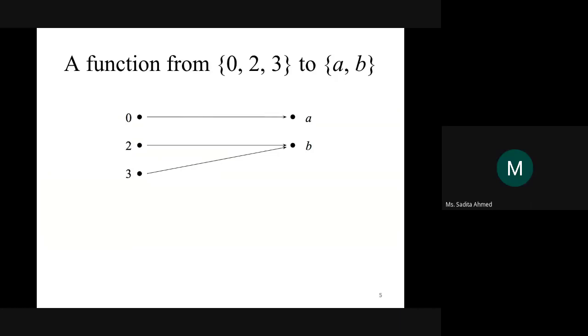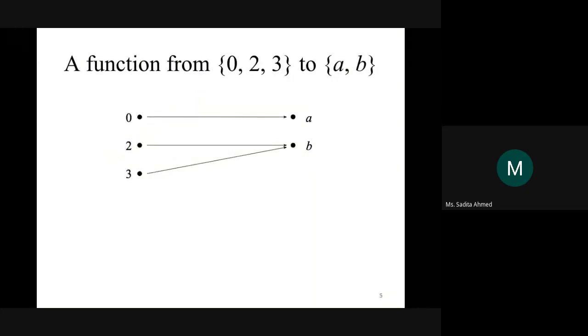Fahim, I'm confused about your answer. Do you think it's not a one-to-one function? I think that it's not a one-to-one function. Okay, I'm just messing with you. All right, so this is not a one-to-one function. You're correct. All of you are correct.